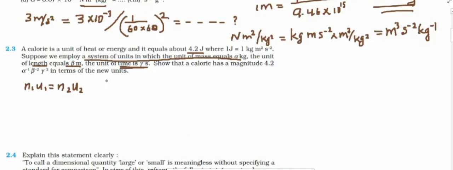We know the dimensions of energy: M L square T minus 2.